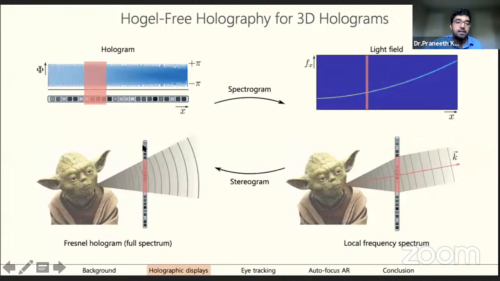It's pretty interesting that a hologram and light field are very closely related. Essentially, a hologram is just a finer description of a light field, or a light field is a coarser description of a hologram. And long story short, you can basically go back and forth between a hologram and a light field representation.